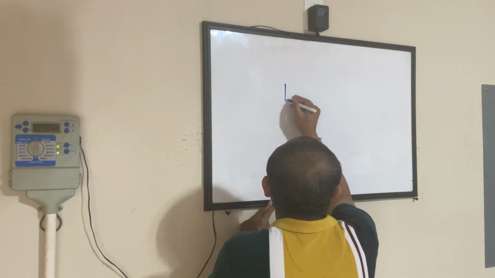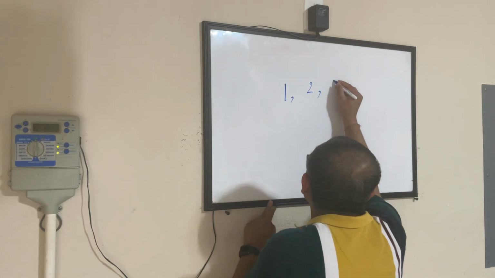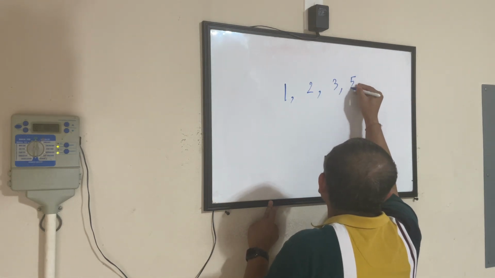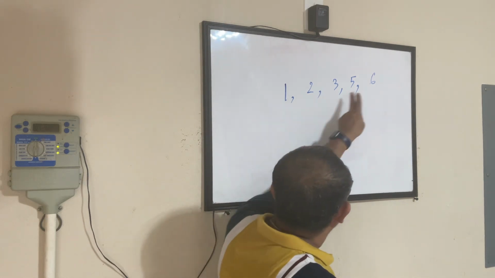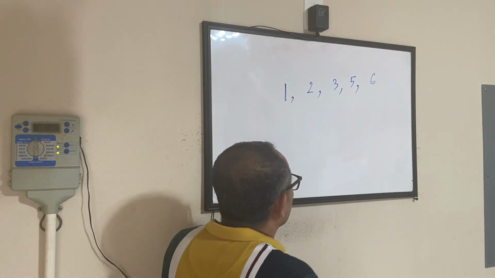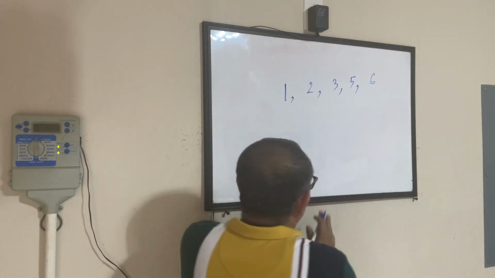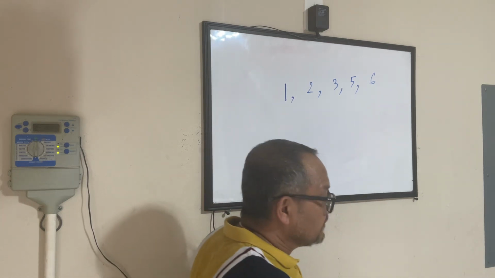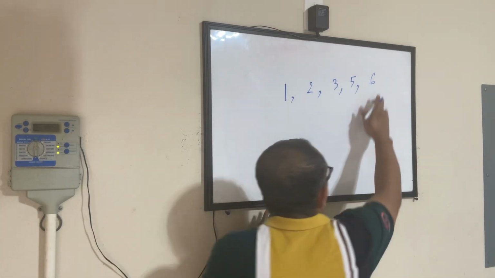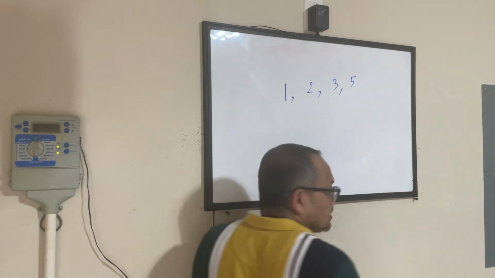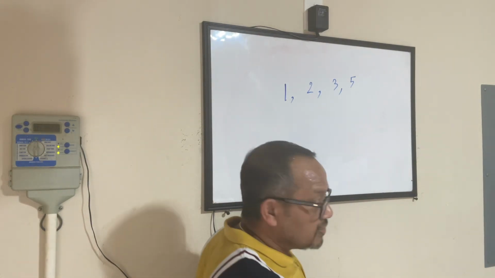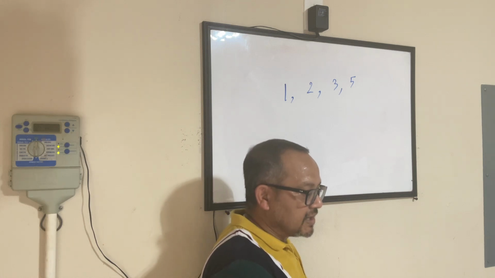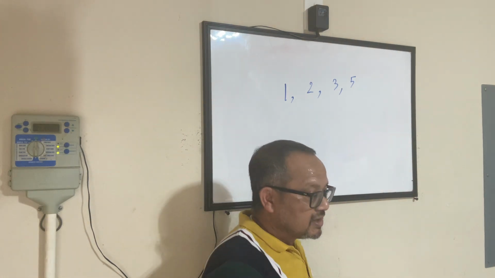Okay. Let me not complicate this for you. Let's say I have a set of data with only 4 elements. I want to rush through this calculation quickly so that we can save some time. I have 4 records.